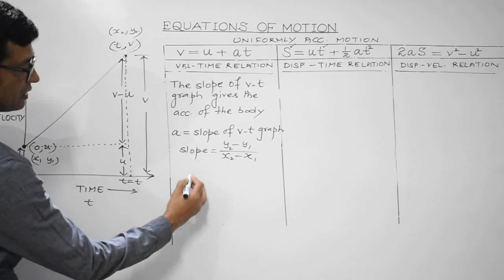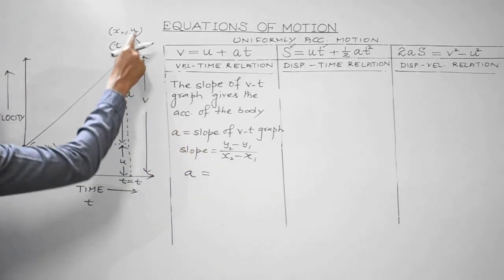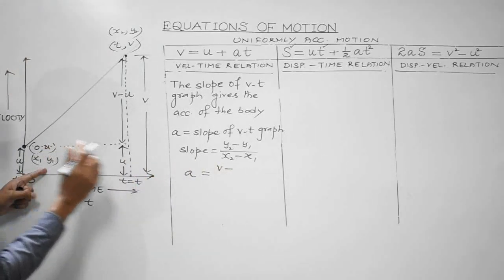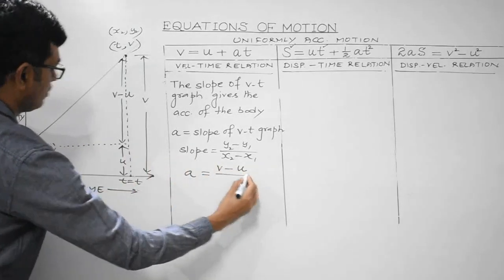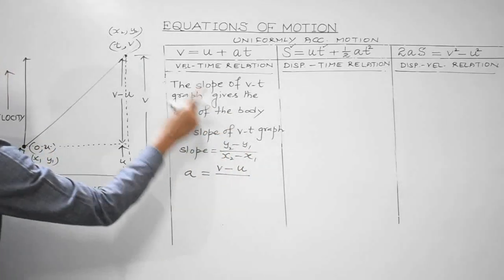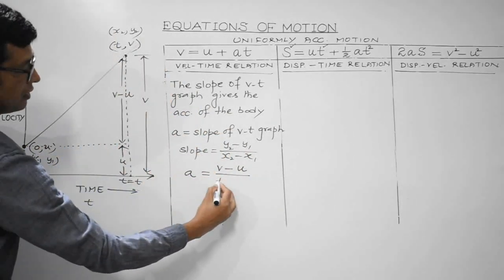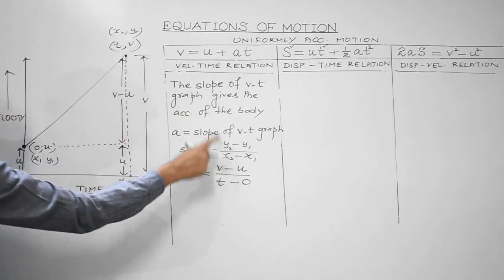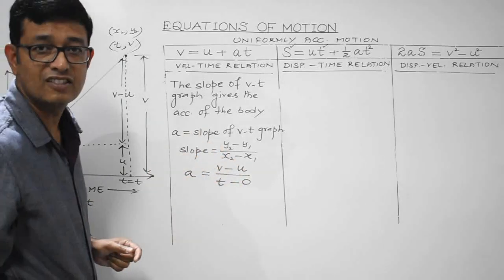So, slope will give us acceleration. So, acceleration is y2 minus y1. y2 is v, y1 is u, divided by x2 minus x1. x2 is t and x1 is 0. So, the slope of the graph will give us acceleration.